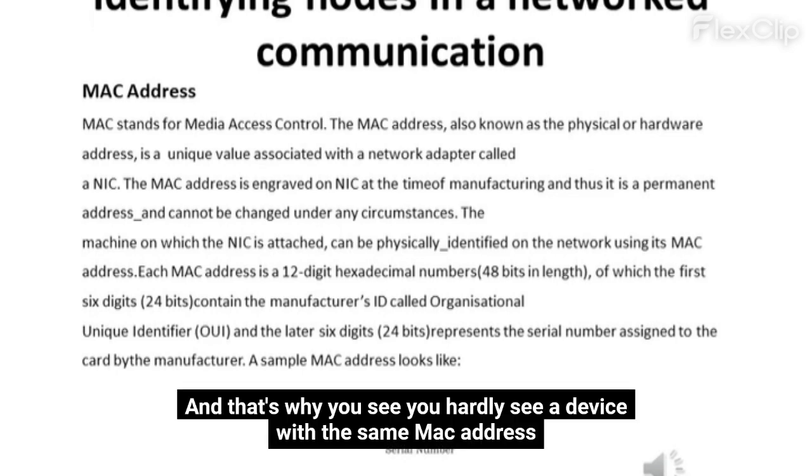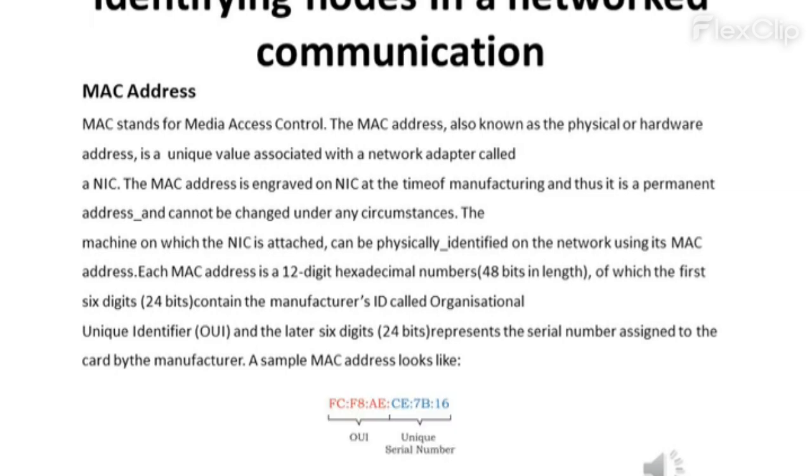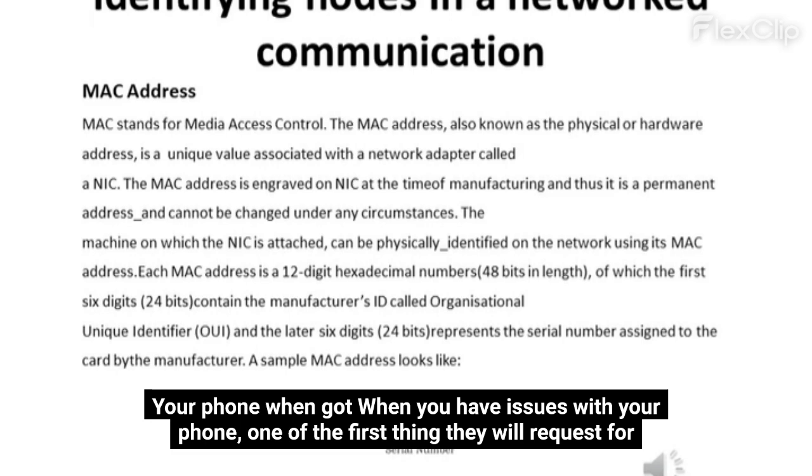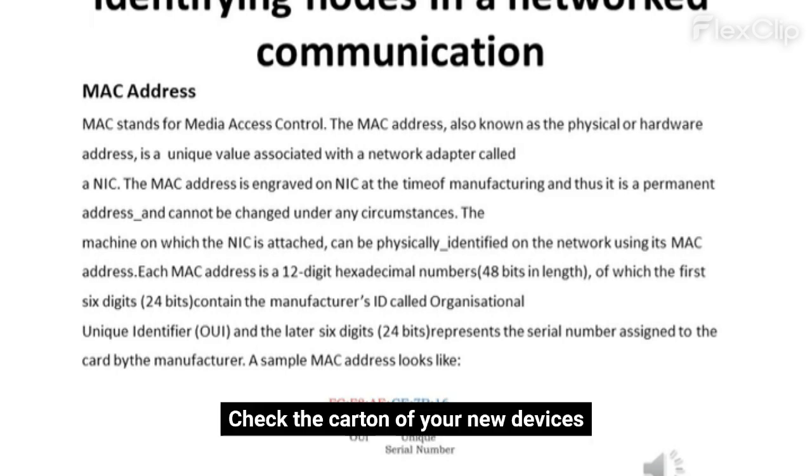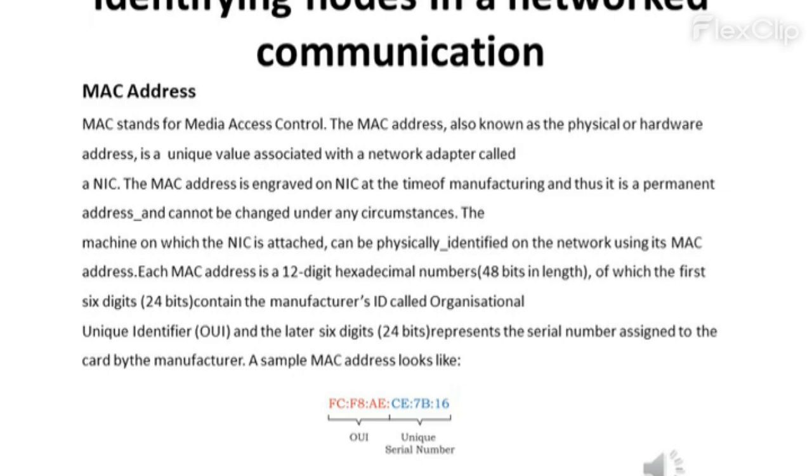And that's why you hardly see a device with the same MAC address. When you have issues with your phone, one of the first things they will request for is your MAC address. Check the carton of your new devices, there's always a MAC address on it.